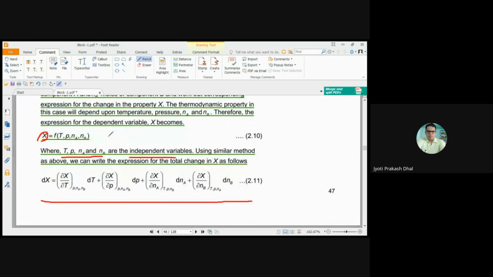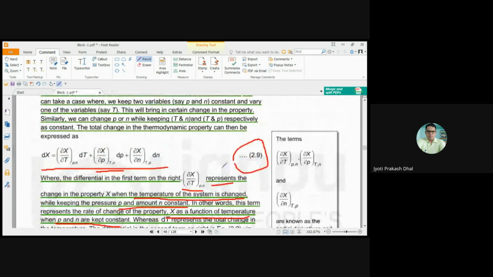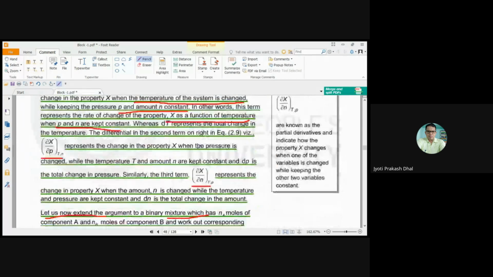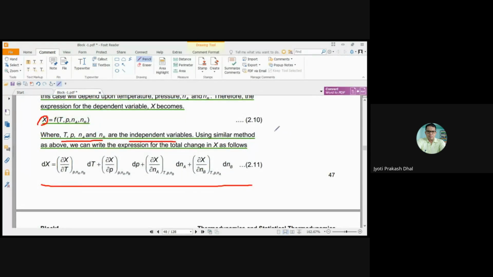And using the similar method, we take the differential of this equation 2.10. The differential will be like this. dX equals del X by del T at constant pressure, constant number of moles of A, constant number of moles of B, dT.